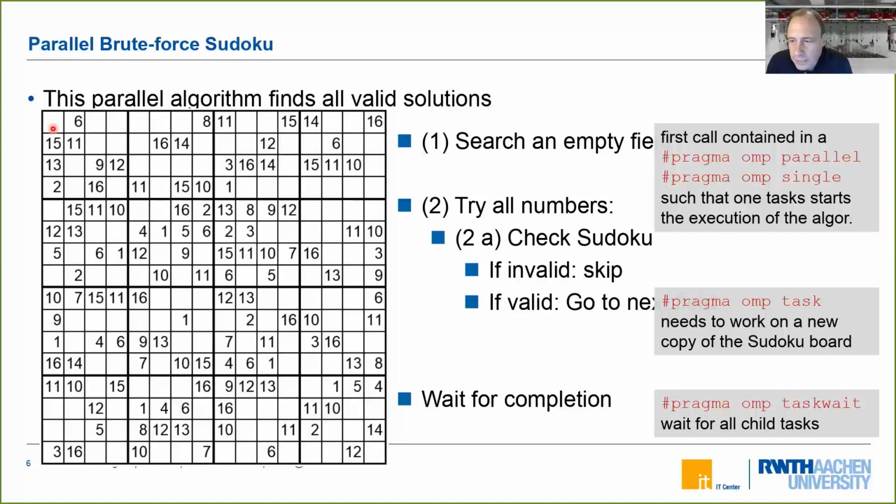So the idea is that all those tasks can run in parallel, executed by the team of threads that we have created with a parallel region, and therefore look at all possible solutions. Whenever there's a valid solution, it can print it, for example, to the command line or whatever this program is doing. At the very end, we need a taskwait to be sure that all tasks have been completed. So far for the sketch. A few more details on all those constructs will follow in a few minutes.